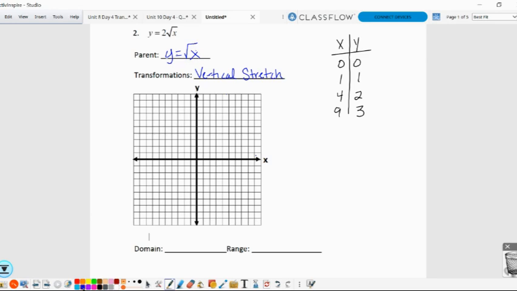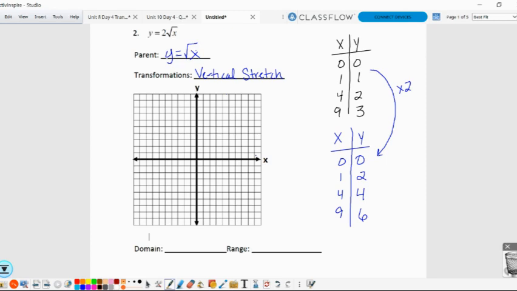In order to get to our transformed function, because this is a vertical transformation, we would simply multiply all of our y values by 2. 2 times 0 is 0, 1 times 2, 2 times 2, and 3 times 2. There are no horizontal changes, so those x values will stay exactly the same. And then you could go and plot those points that are in blue and see the final graph.